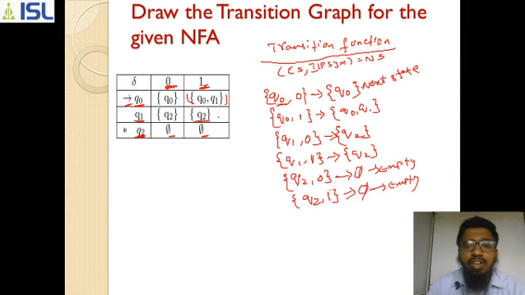If Q0 comma 1, then the answer will be Q0 or Q1, more combinations, you can get both. In the same way, Q1 0, Q1 1, Q2 0, Q2 1. So this is the transition function. Based on this, you can draw the transition graph.